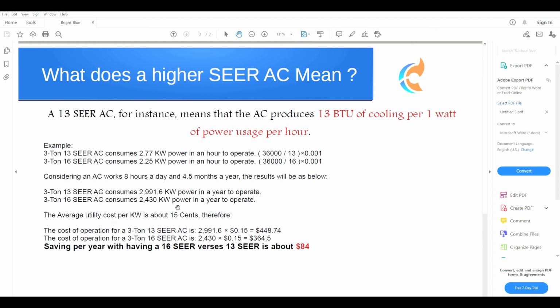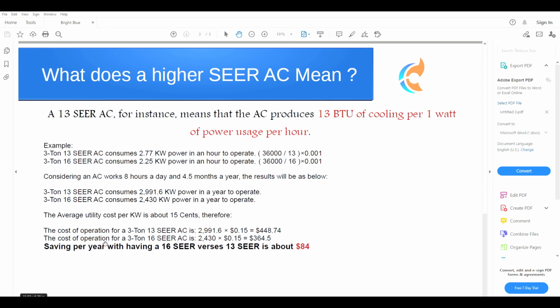So by putting this into account, the cost of operation for a 3-ton 13 SEER AC is the kilowatts it uses per year times 15 cents per kilowatt. And I put 0.15 because I wanted to change it to a dollar amount. So 2,991.6 kilowatts that the 13 SEER air conditioner used during a year times 15 cents will give you $448.74 in a year.